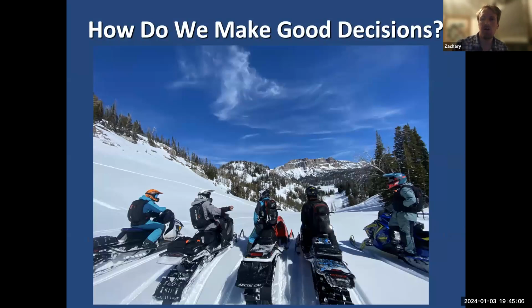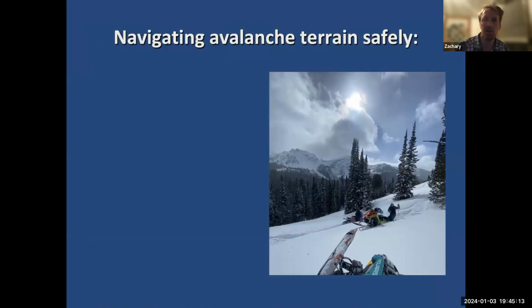So we can talk about how we can make good decisions as a group while traveling on snowmobiles in the backcountry. Navigating through avalanche terrain safely is probably top priority.